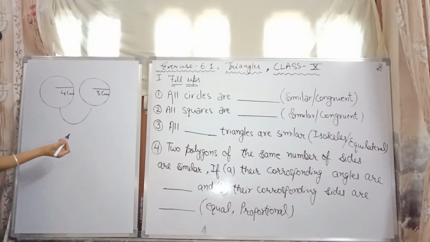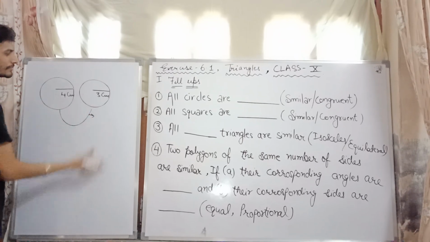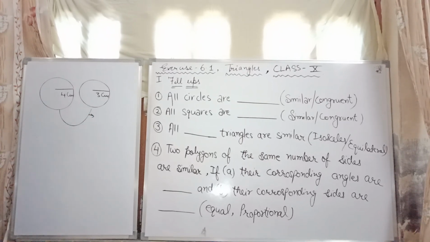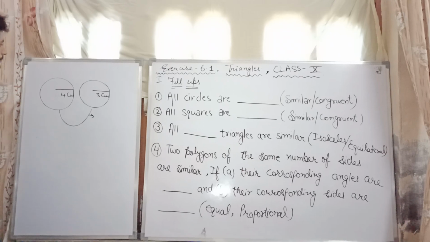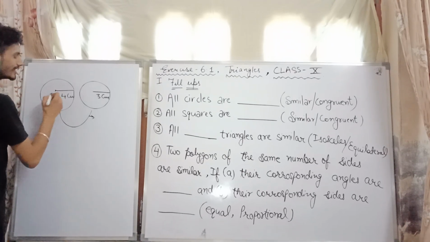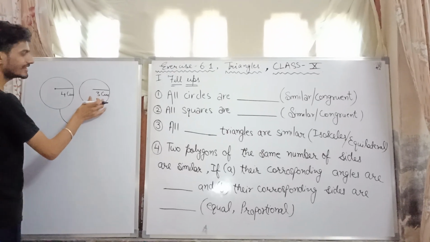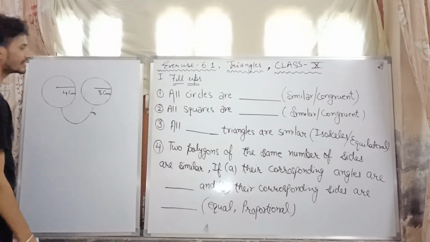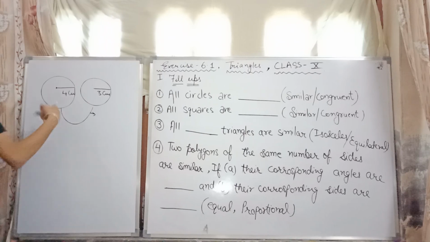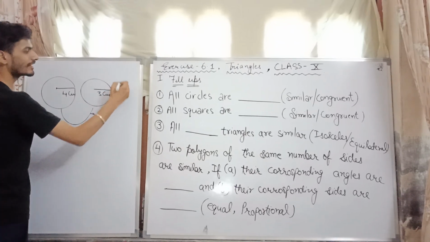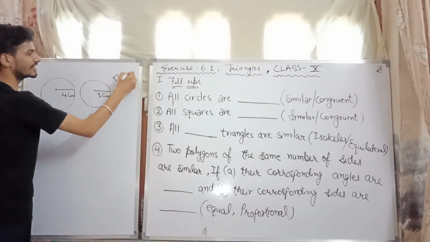Both the shapes are circles, but the first circle has a radius of 4 centimeter and the second circle has a radius of 3 centimeter. So the radii are different, but both circles cover the angle of 360 degree.